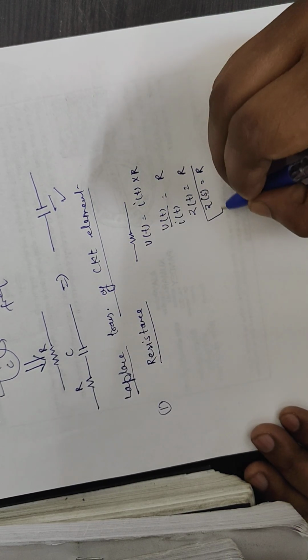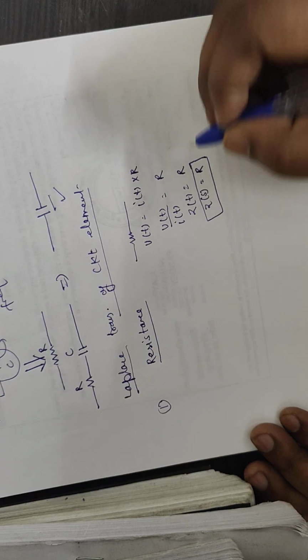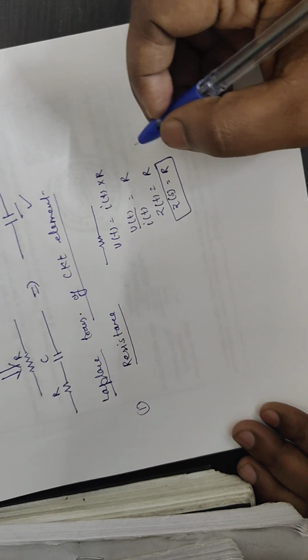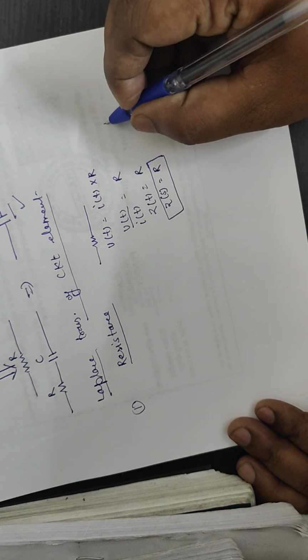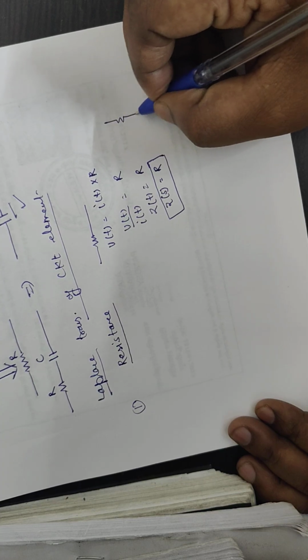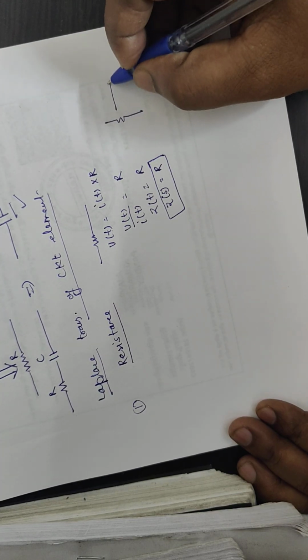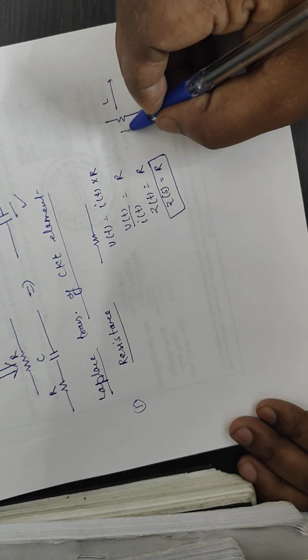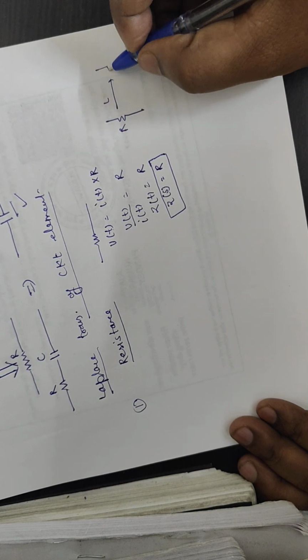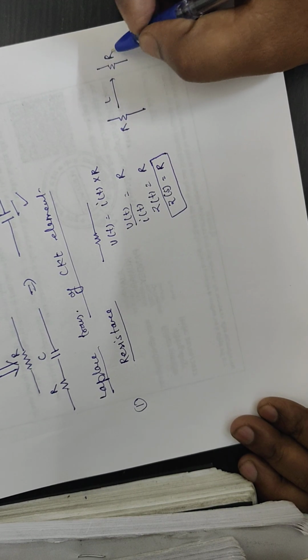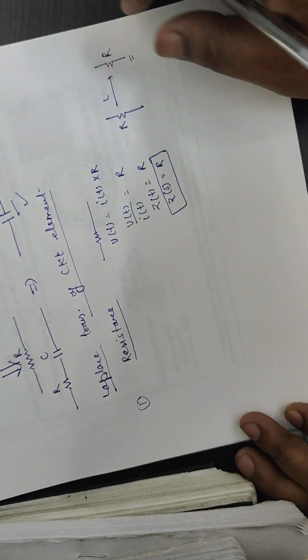We can write that Z(s) is only R. The Laplace of a resistor has no change; it is only R.